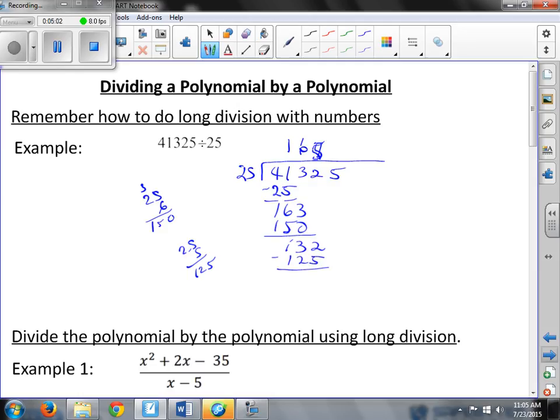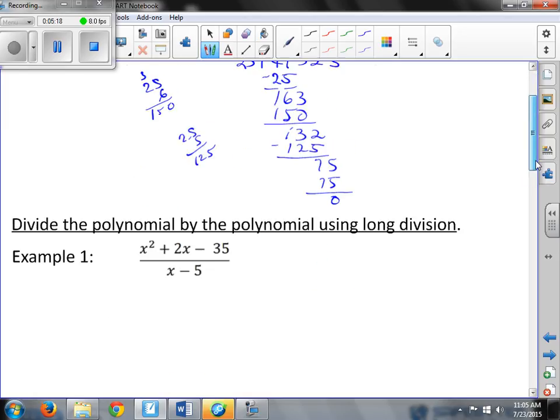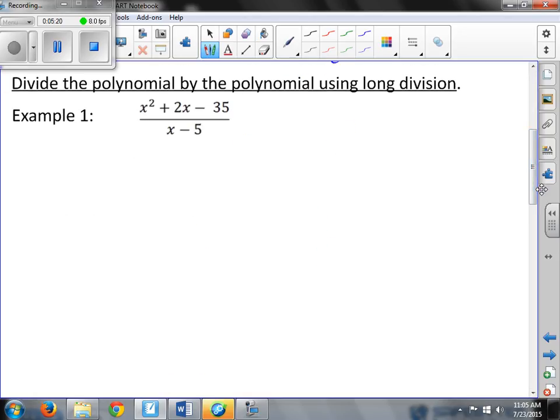When I subtract, I get 7, bring down the 5, and 25 goes into 75 3 times, and 3 times 25 is 75. Just reviewing the procedures for long division, the remainder here is 0. So we're going to use that strategy when we divide polynomials.